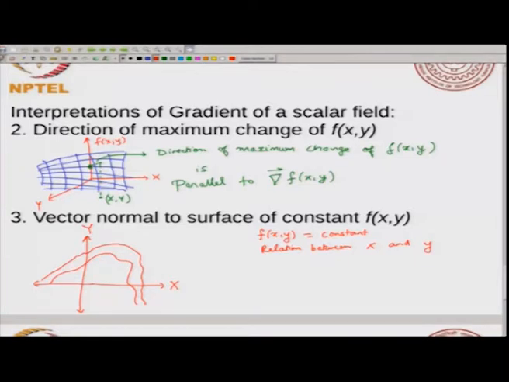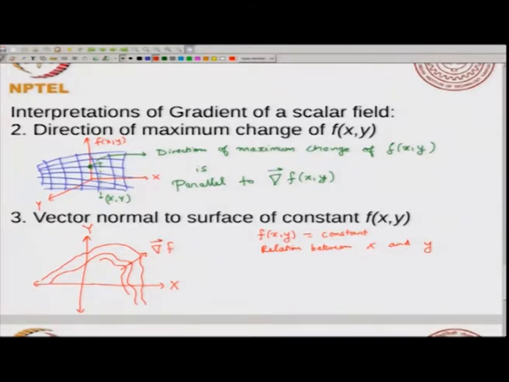And so what this gradient does is it is a vector that is, at any point, normal to this surface of constant f of x y. So, this is the direction of gradient.